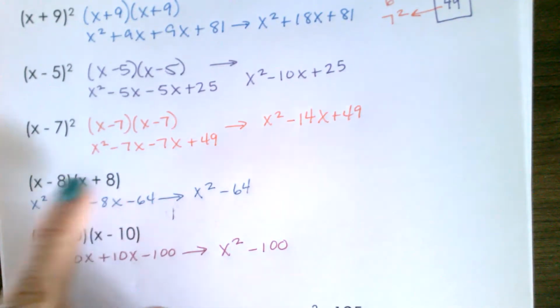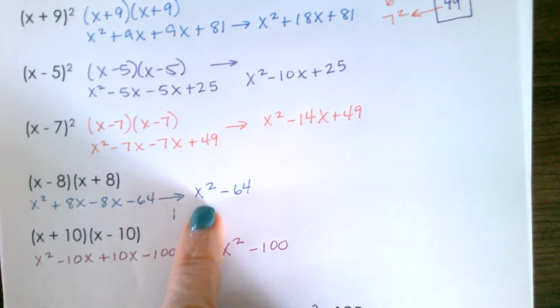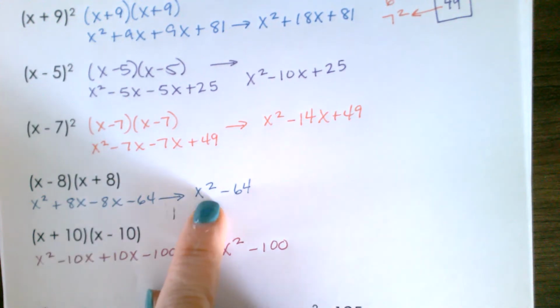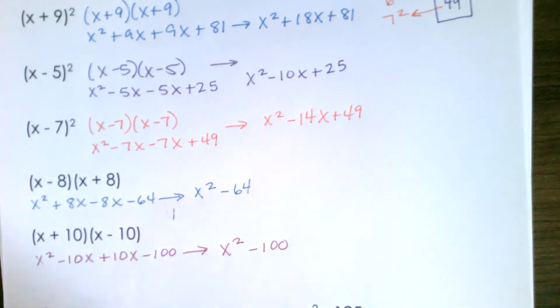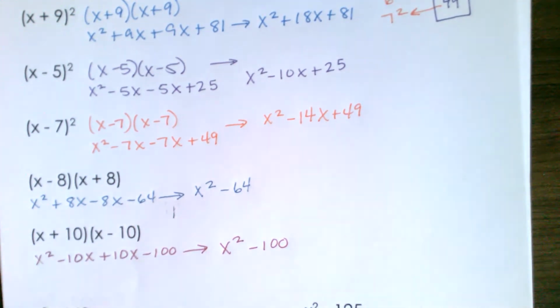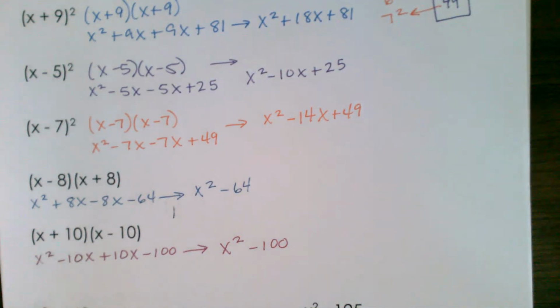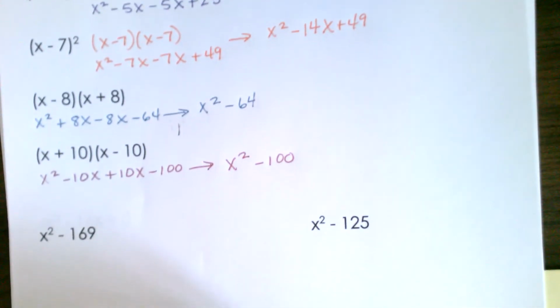And when we got to those special products, after combining the b terms, we end at x squared minus 64. And on the last one, x squared minus 100. If you need to, take a minute, go back and look at my steps. I FOILed completely, showed all my work. If we have different answers, please see what we are doing differently.